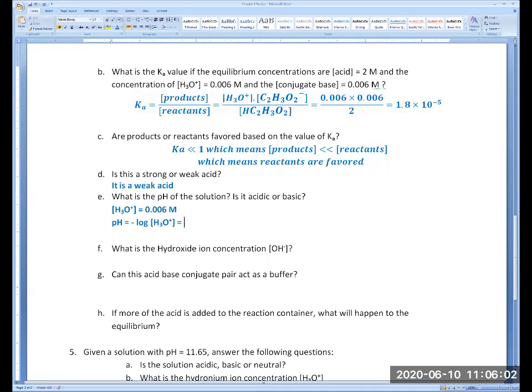So negative log of, and then you put in the 0.006 molar. I've included videos on how to use the calculator, and hopefully you found those keys on your calculators. But for the TI-30X IIS, the log function is the key just below the second function key.